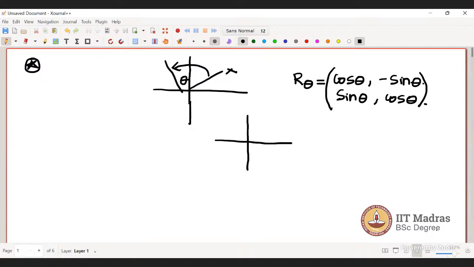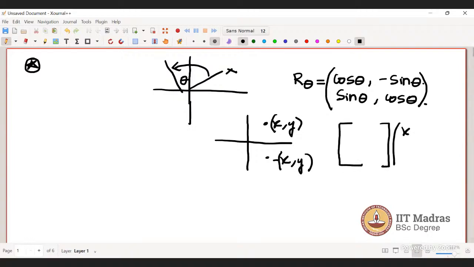If you have a point (x, y), and you reflect about the x-axis, you get (x, minus y). So you just find out what matrix, if you multiply with (x, y), should give (x, minus y), right?